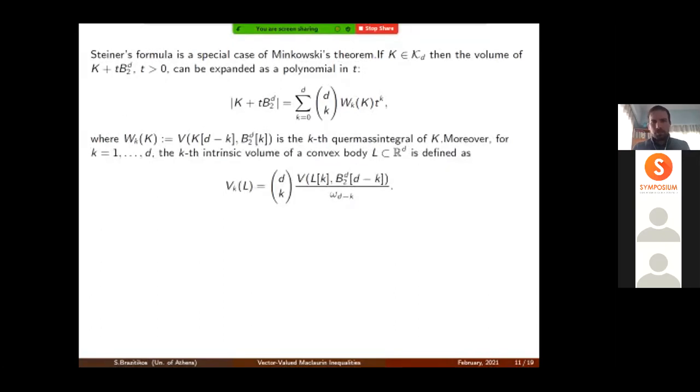And one more, let's say a multiple of the Quermassintegrals, is the k-th intrinsic volume of a convex body, which is defined to be this here.